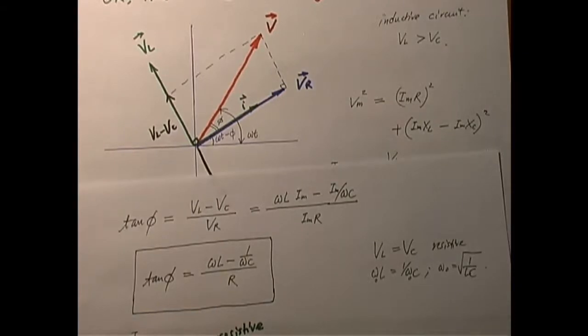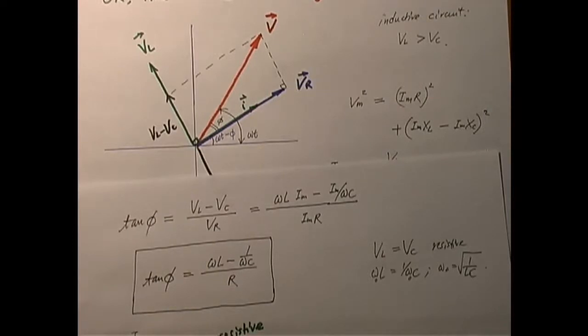But what happens when you drive a current through the inductor or through the capacitor? When you do positive work to one of these elements, you're actually building energy in them, right? You can build electrical energy on the capacitor, and you can build magnetic energy on the inductor, right?